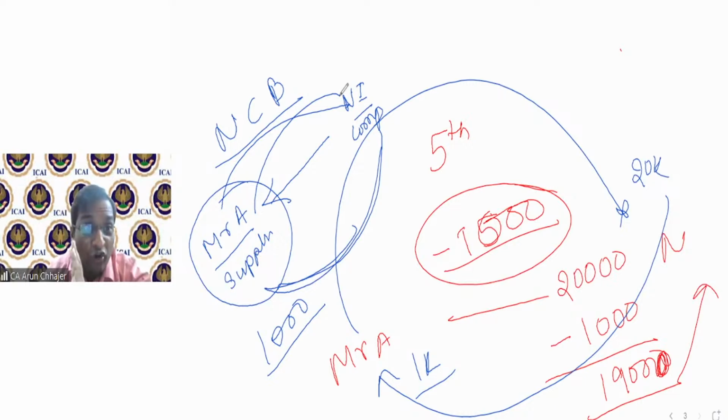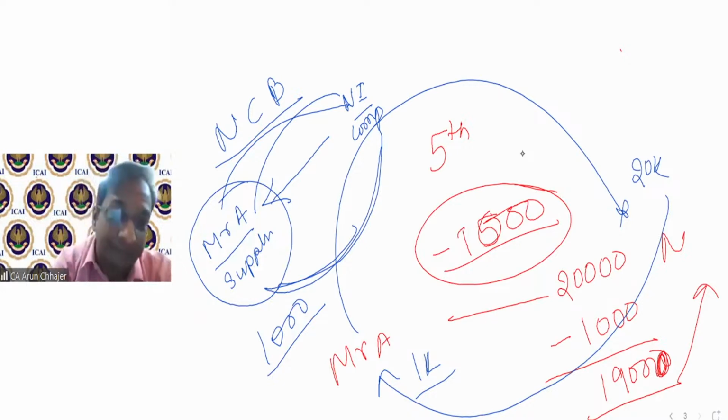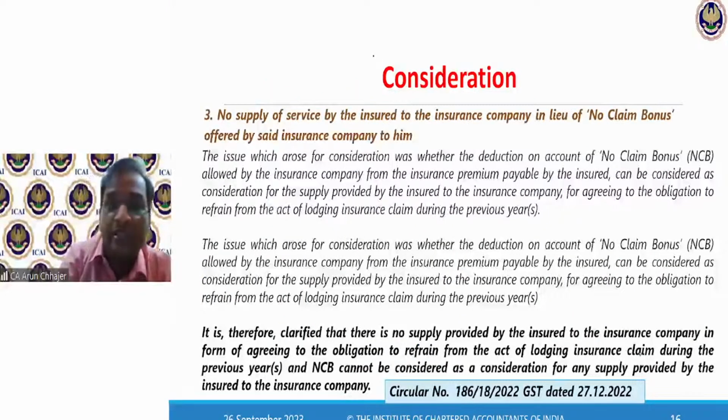There is no supply at all by Mr. A. Therefore, this no claim bonus will never be considered as consideration for any supply. The 1,000 no claim bonus will never be considered as supply, and as a result, it is not taxable.